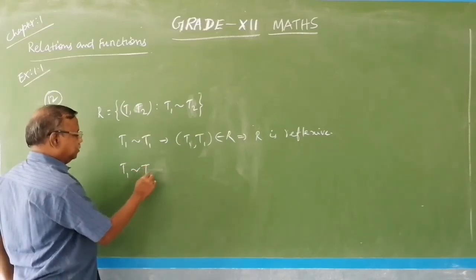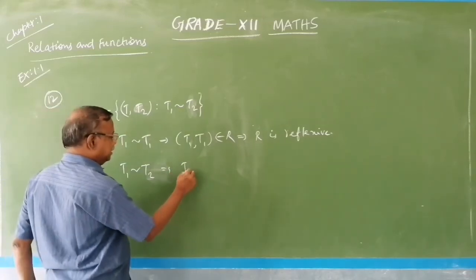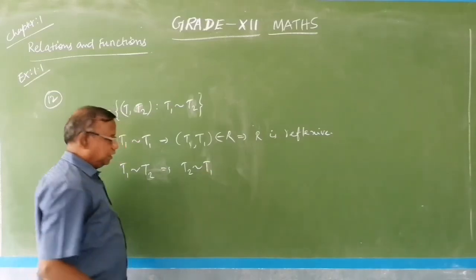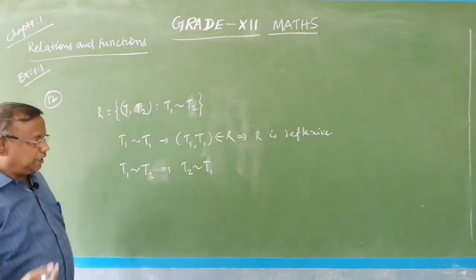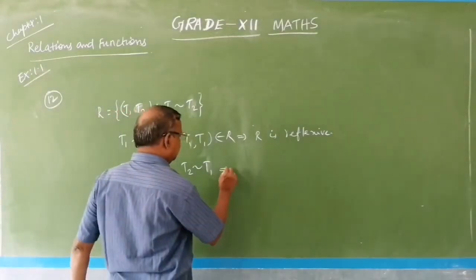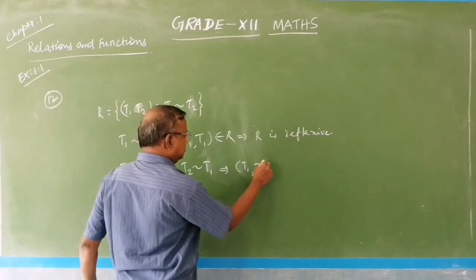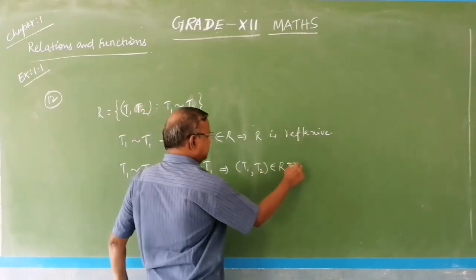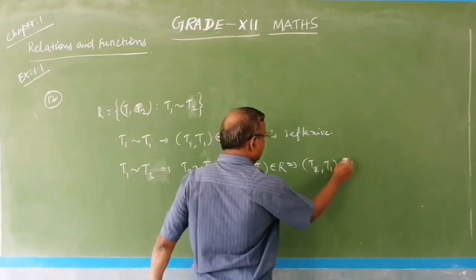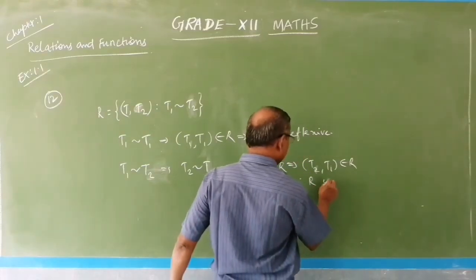If T1 is similar to T2, definitely T2 is similar to T1. If one triangle is similar to another triangle, the other triangle must be similar to the first. So, (T1, T2) belongs to R implies (T2, T1) belongs to R. Therefore, R is symmetric.